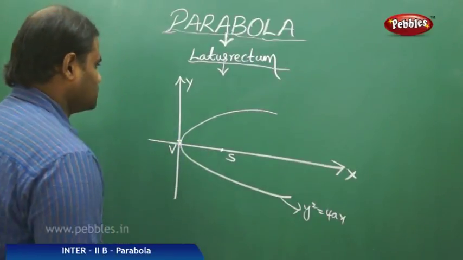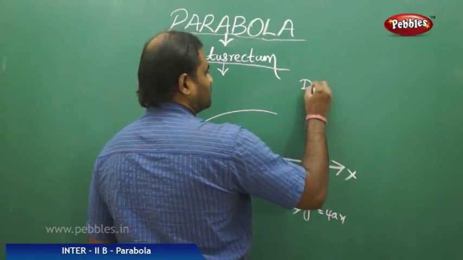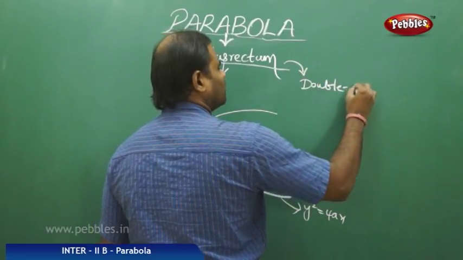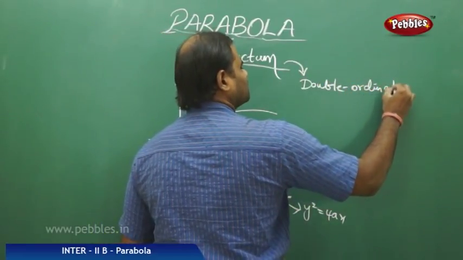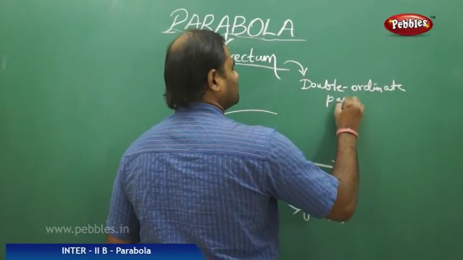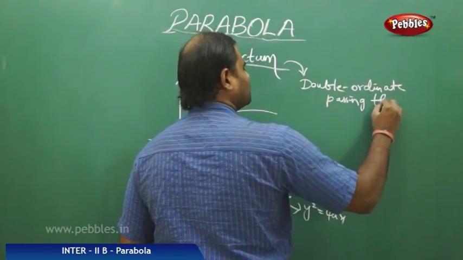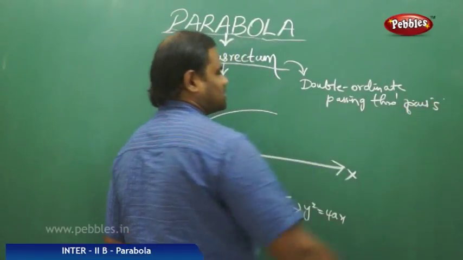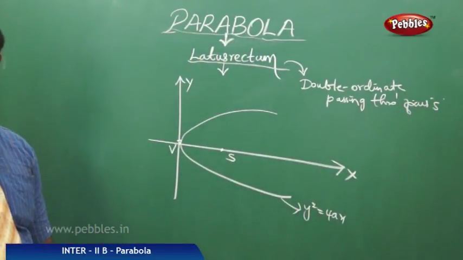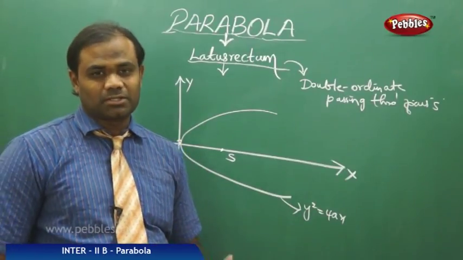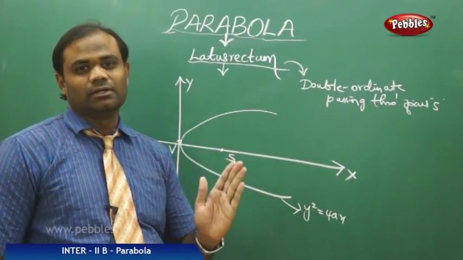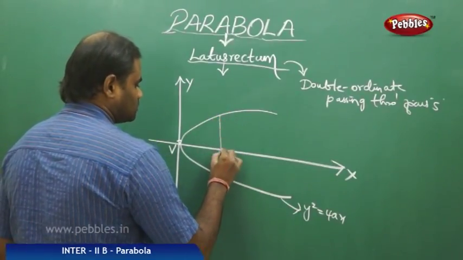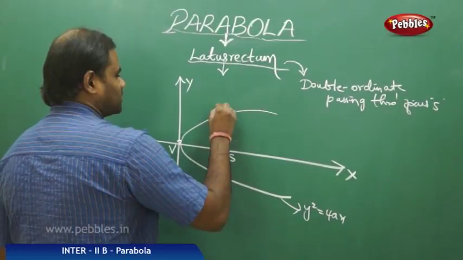A very simple definition: the latus rectum is a double ordinate passing through focus S. Now as I see here, interestingly, there is only one line which is passing through focus and perpendicular to the axis, which is called the latus rectum.